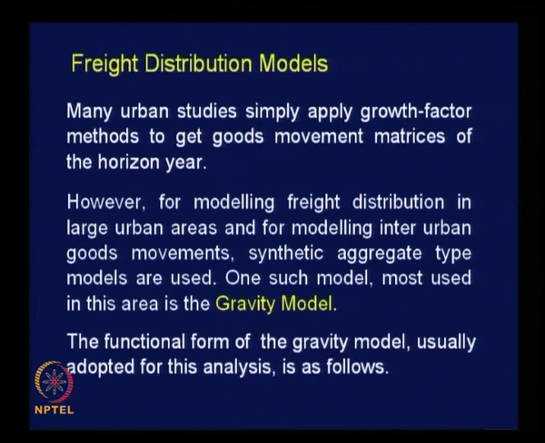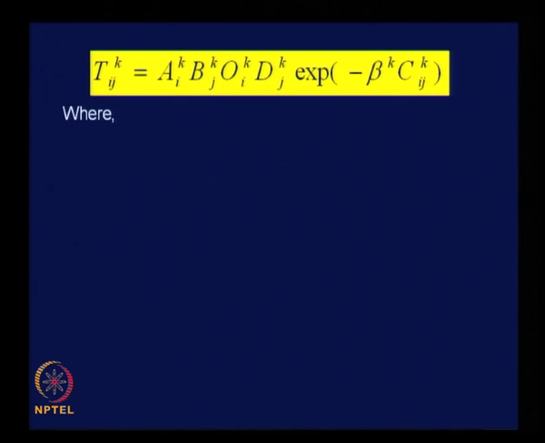The functional form of the gravity model usually adopted for this analysis of distribution of goods trips is as follows. This is the gravity model formulation for goods movement distribution.